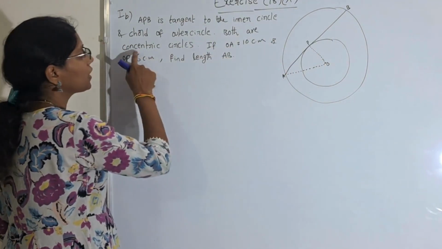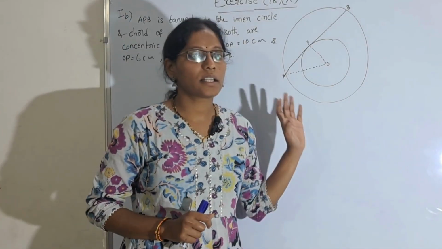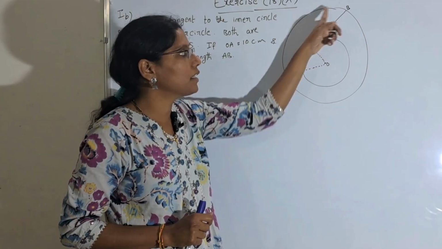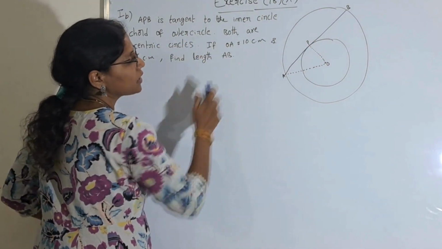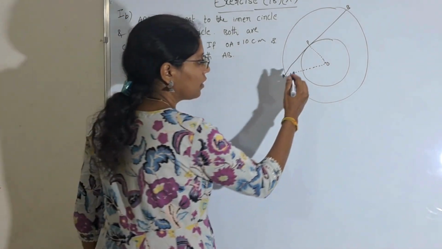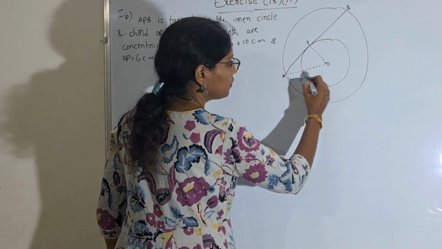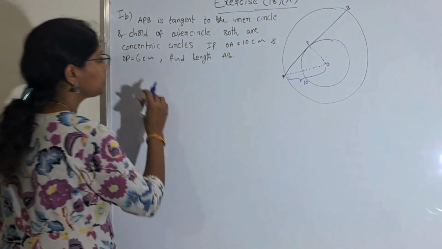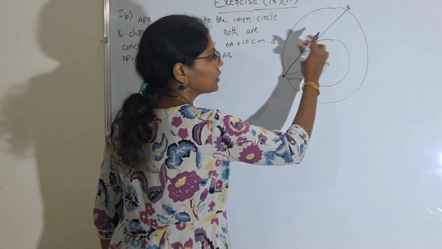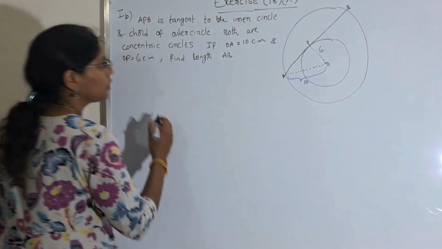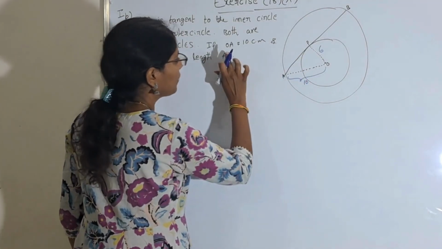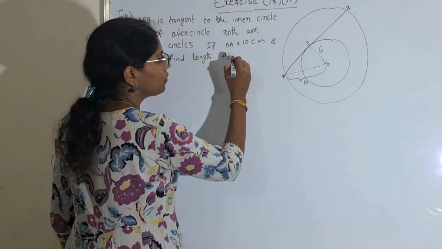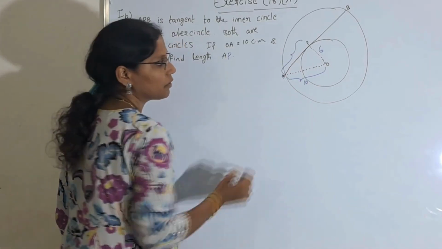Next, both circles are concentric circles. Concentric circles means same center and different radius of the circles. Next, OA is equal to 10 centimeters. OP equal to 6 centimeters. Find AB. Find AP. This AP we have to find out.